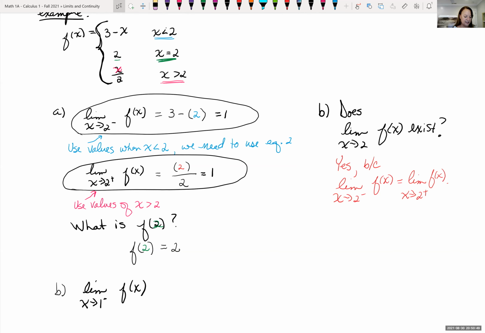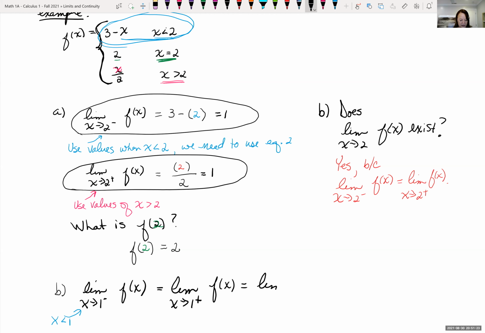In this case, x is less than 1 would always hold for x is less than 2, right? And so I can see here that that limit is going to be the exact same thing as my limit as x approaches 1 on the right-hand side, because I'm looking at values just a little bit to the right, like 1.1 or 1.2. So that's still less than 2, which is going to be equal to the limit, and it's going to exist as x approaches 1.